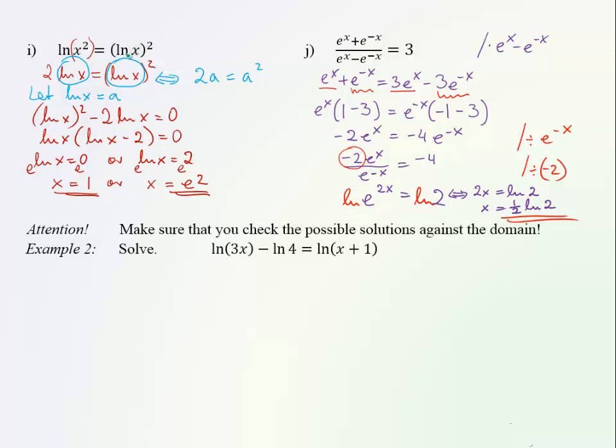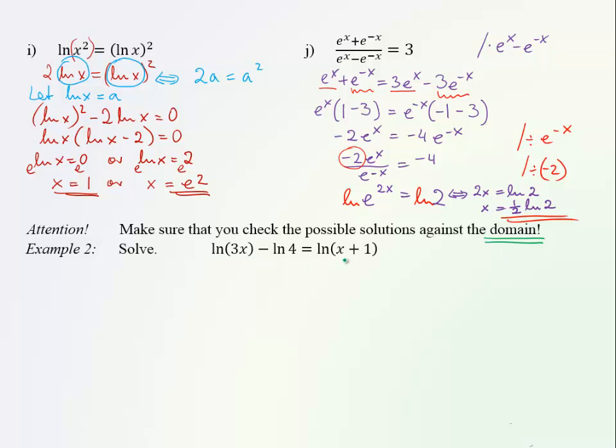And the domain here was everything that is positive because of ln. Right? So yes, they are okay. But for example, if we would end up with some negative number, if this would be negative 1, we wouldn't be able to take it because of the domain of the equation. Therefore, make sure that you always check against the domain of the original equation.